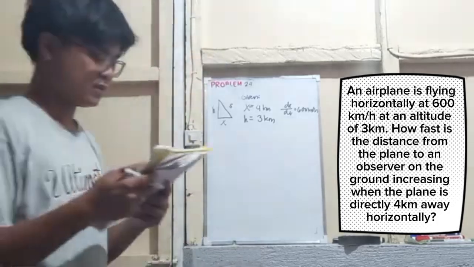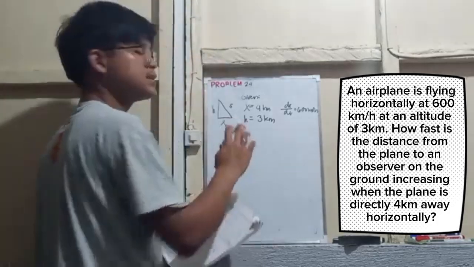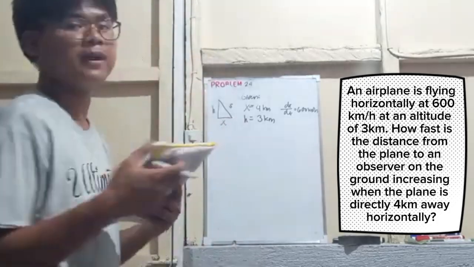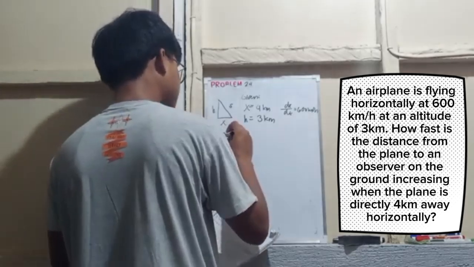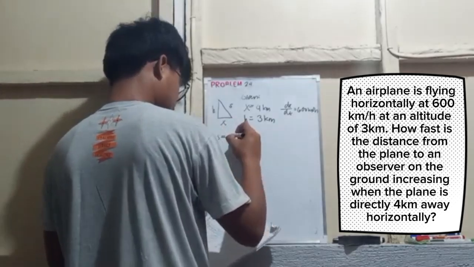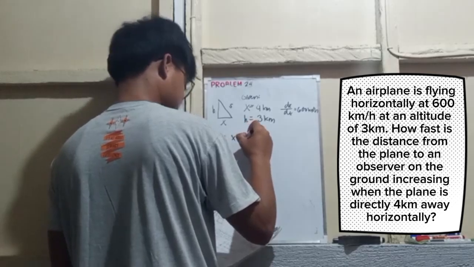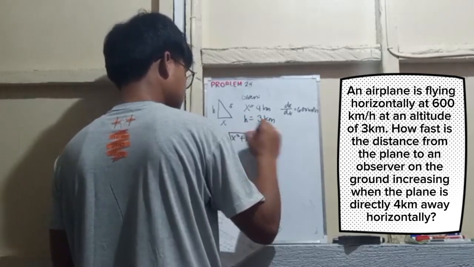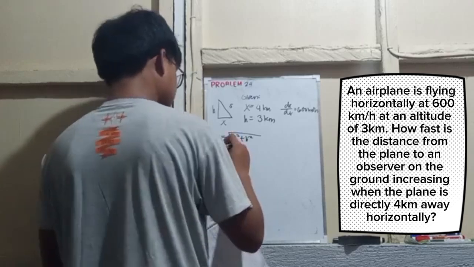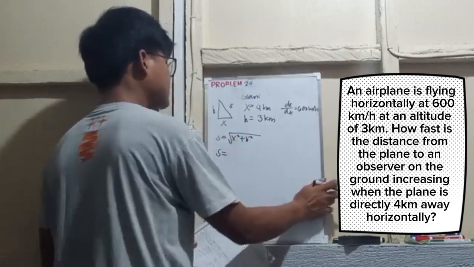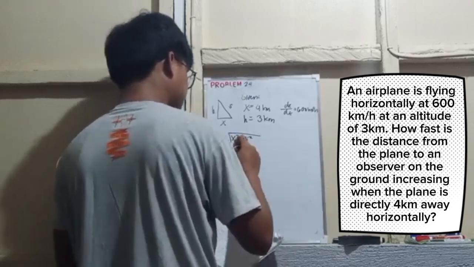So now, since it is a right triangle, we'll use the Pythagorean theorem. So we'll have the formula s is equal to the square root of x squared plus h squared. Then we'll substitute the values of x and h into the formula.